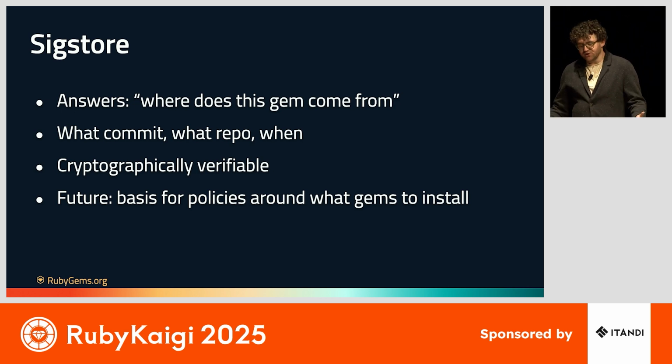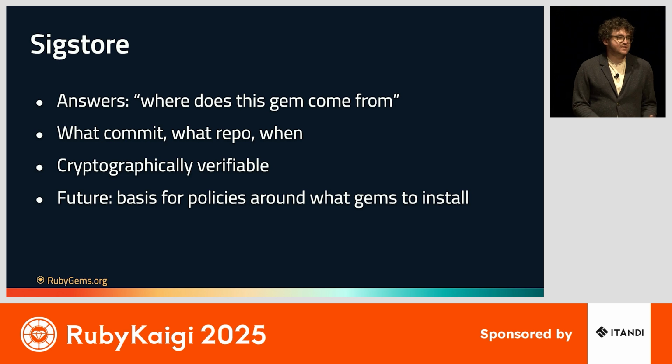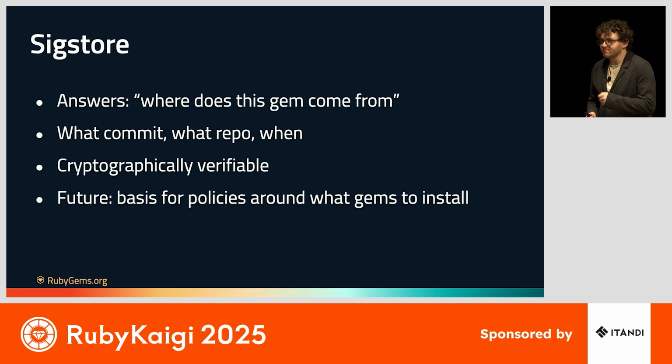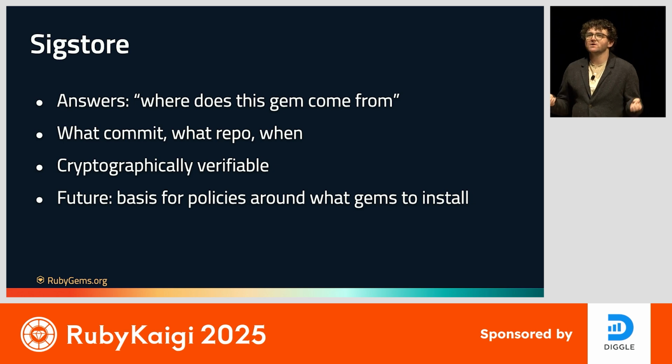And in the future, all this is going to be used as the basis for policies around what gems to install. So you can say things like, every gem that starts with the prefix AWS, where should that come from? Who should have published it? Probably the folks over at AWS, because they've got 230 of them, and sometimes it's hard to keep them straight.